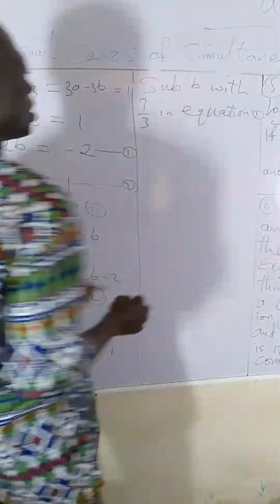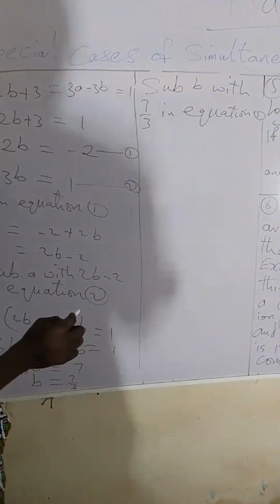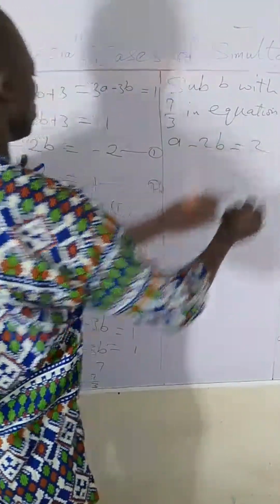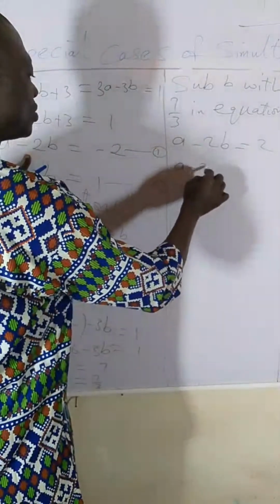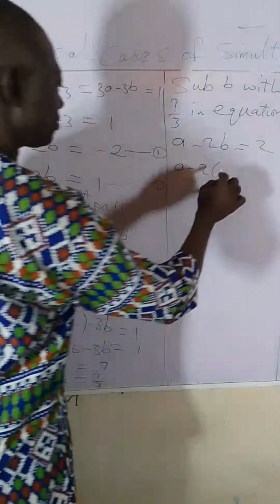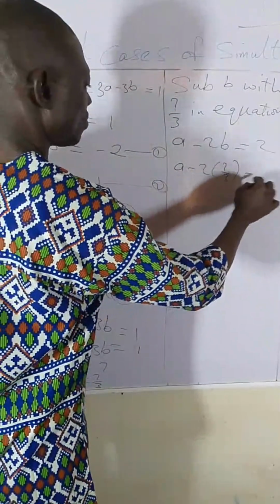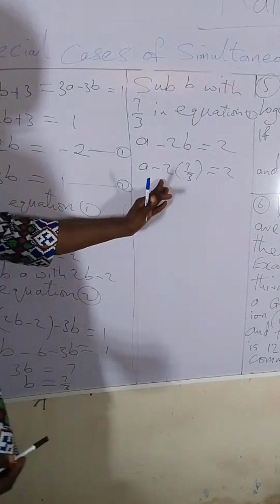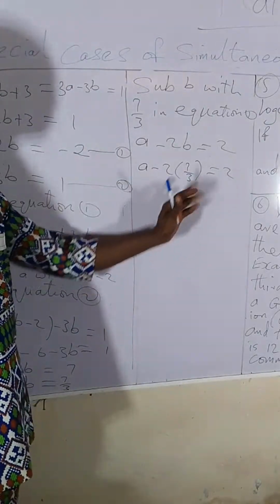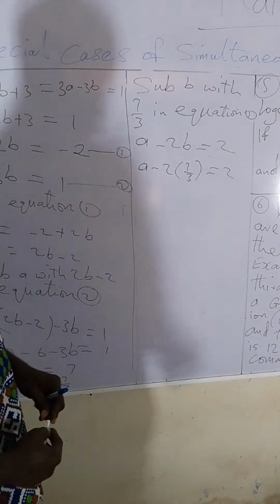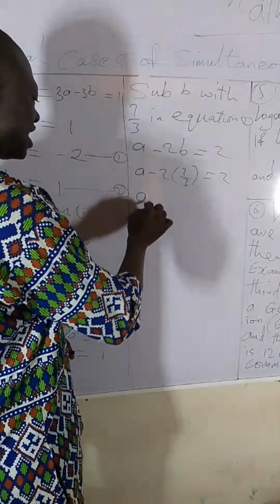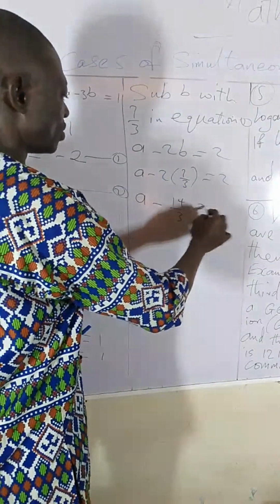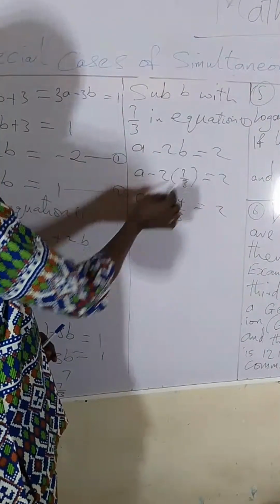Equation 1 is saying a minus 2b is equal to minus 2. And so a minus 2 into 7 over 3 in brackets is equal to minus 2. We are only solving for a now. Remember that what we have here is like 2 over 1 times 7 over 3. In that case, we have a minus 14 over 3 is equal to minus 2. That means 2 times 7 is 14.